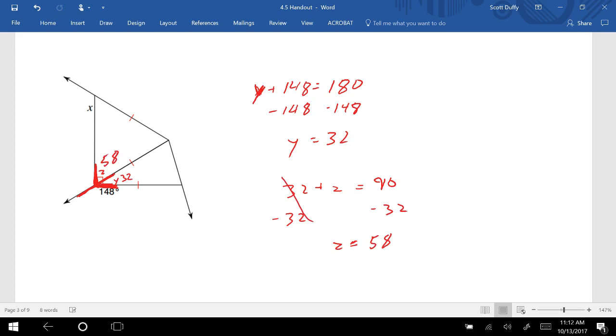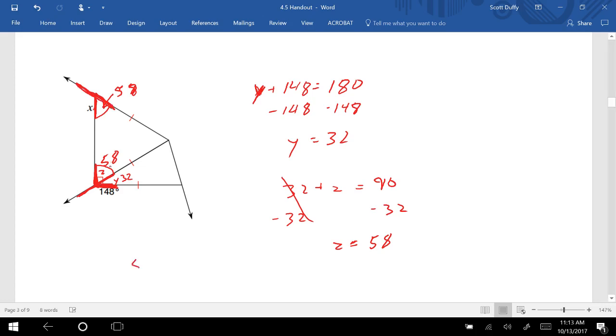Now if this is an isosceles triangle and these two sides are equal, then that would make it so that these two angles are equal. If this is 58, then this is also 58. And what we see is that this angle, being 58, and this angle, our unknown x, form a straight line. So they are supplementary and they have to add to be 180.